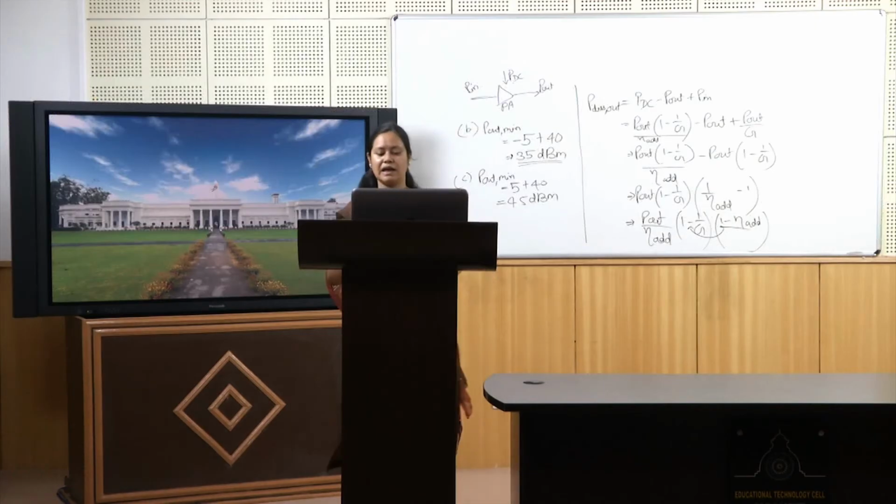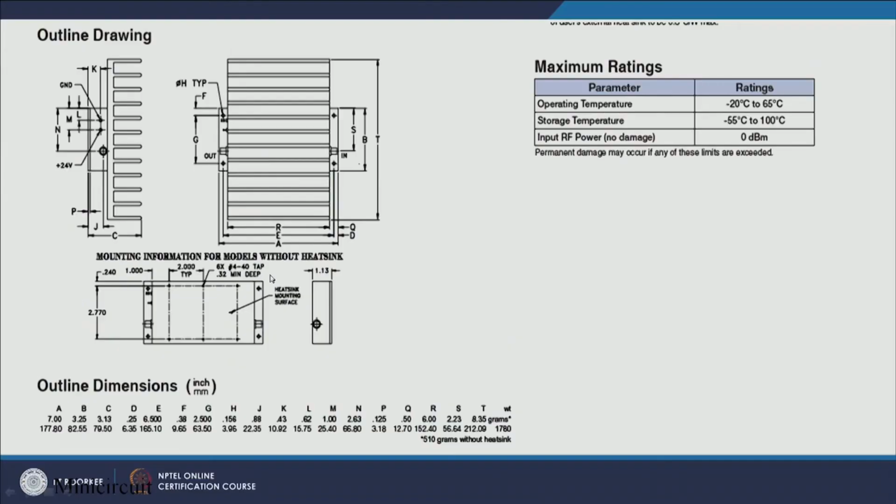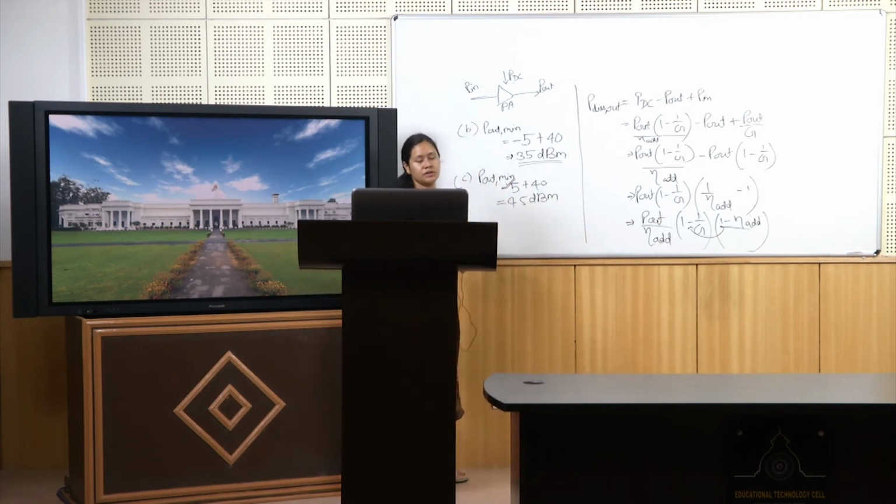But now let's have another look at our data sheet. If we see in this sheet, it is saying that the input RF power which can be applied safely is 0 dBm, right? So plus 5 dBm power should never be applied. There is a chance that it will burn out.